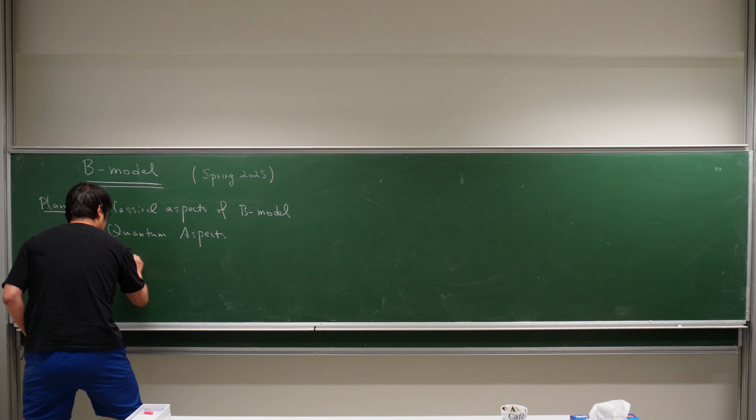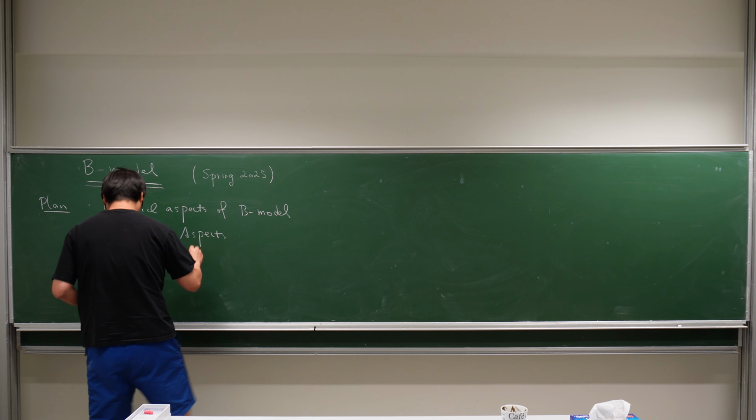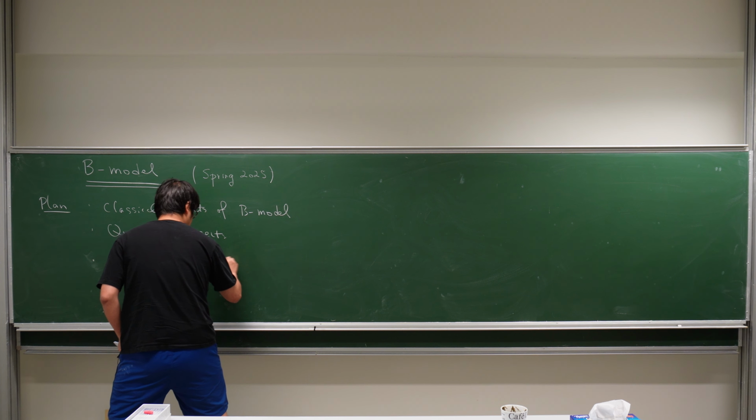And after this, we're going to discuss a little bit about this open-close B-model and large N-duality. And if time permits, I will try to say a few things about worldsheet B-model. I'm not sure whether we're going to have time for this point, but let's see.